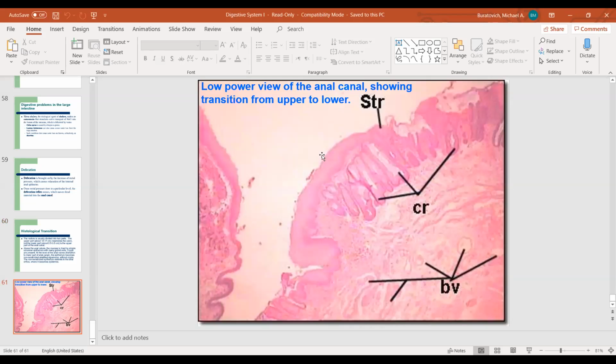And you can see this here, this transition from the upper to the lower anal canal. See how this now starts to get stratified, whereas here this looks more like upper part of the large intestine, excuse me. BV, that stands for blood vessels. Okay.